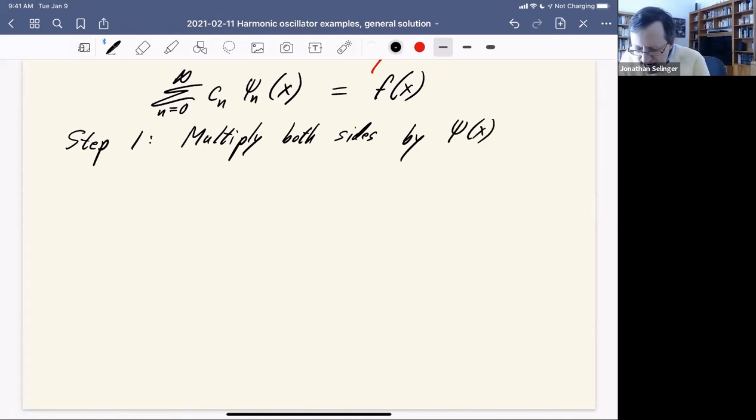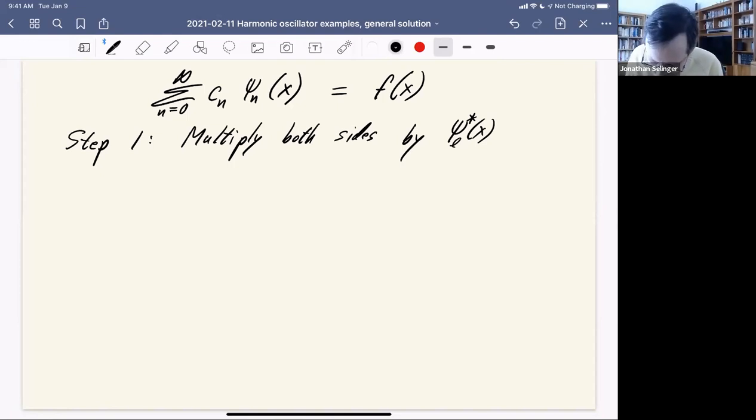I'm not going to say n because I'm already using the letter n. So I'll say psi L. This is my script letter L, which is any integer. So I'll multiply both sides, and in fact, I'm going to put a complex conjugate star here. It doesn't really matter because these things are real functions, but someday later in the semester it'll matter. So I'll multiply both sides by this psi L star.